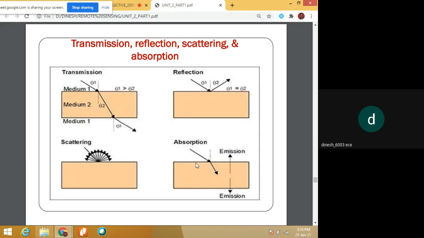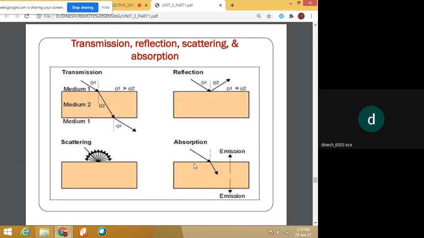The same transmission, reflection, and scattering we are seeing; I'm adding absorption to this. Transmission: when an electromagnetic wave travels from one medium to another at an angle theta, or the critical angle if present, transmission will occur with an angle. If everything is reflected back, theta 1 is equal to theta 2, and you will get a reflection.